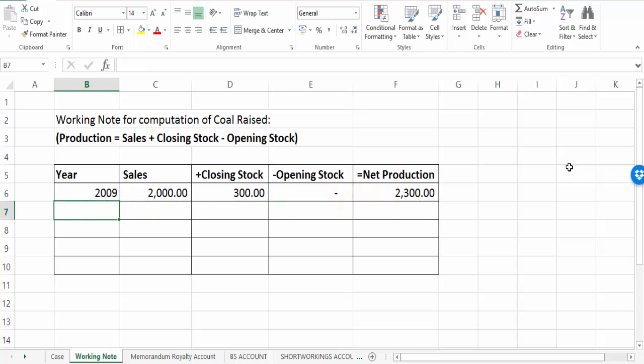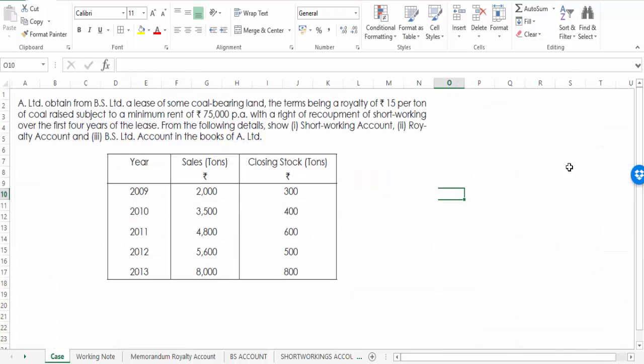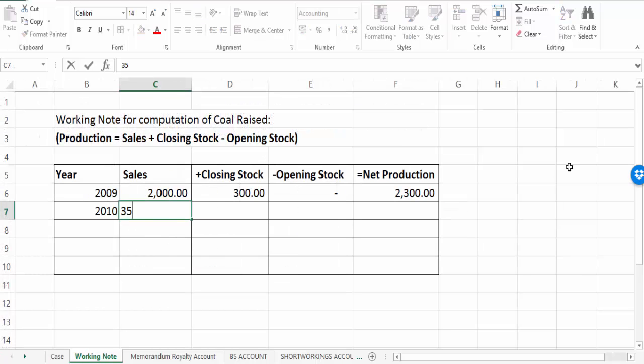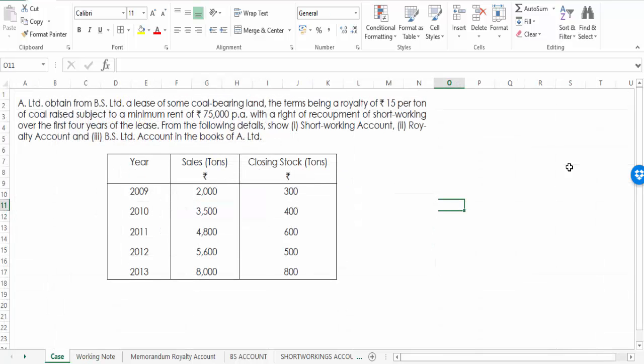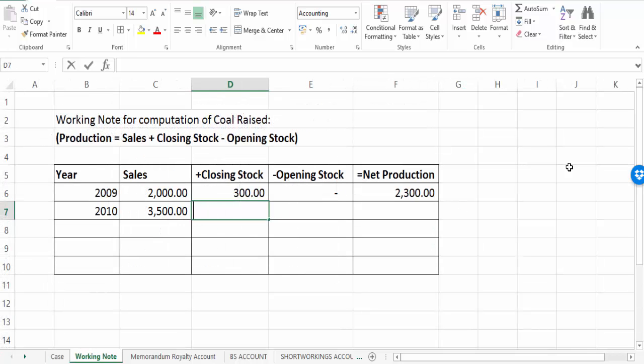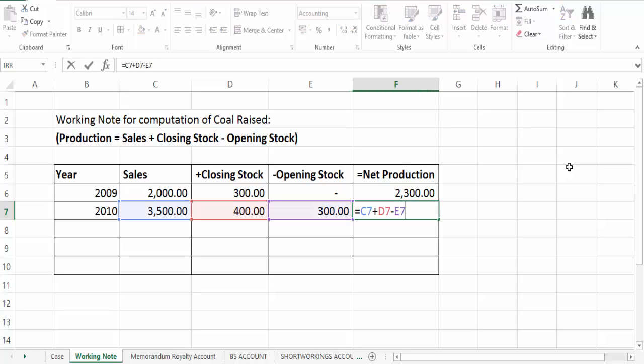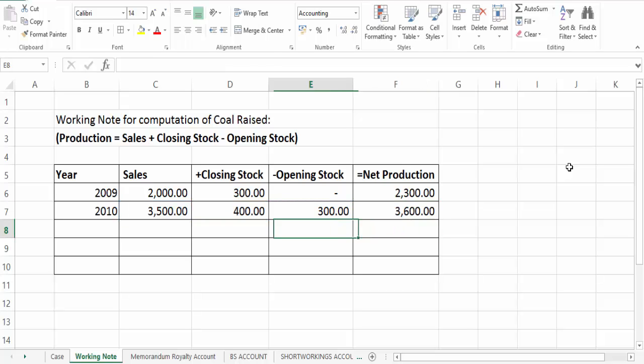Then moving on to 2010, sales is 3500. What about the closing stock? We have closing stock as 400, and opening stock we can pick up. This opening stock is nothing but the previous year closing stock, which is 300. Applying the formula, 3500 plus 400 minus 300, we get production as 3600.